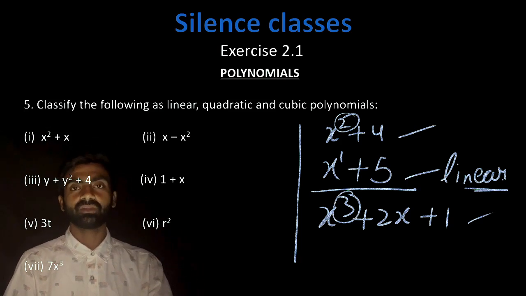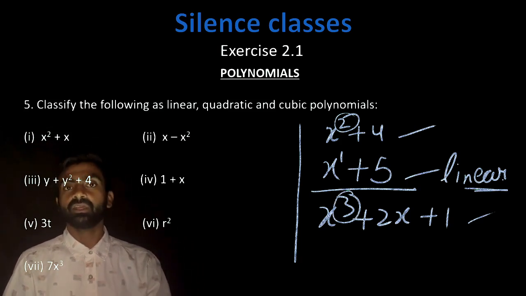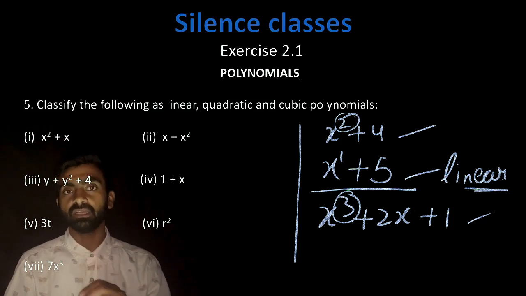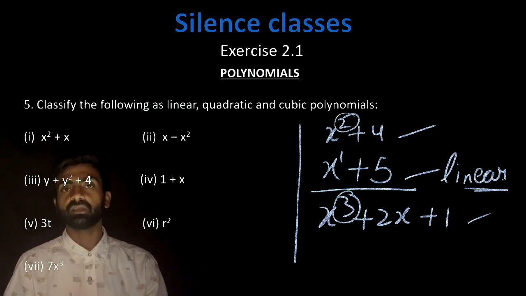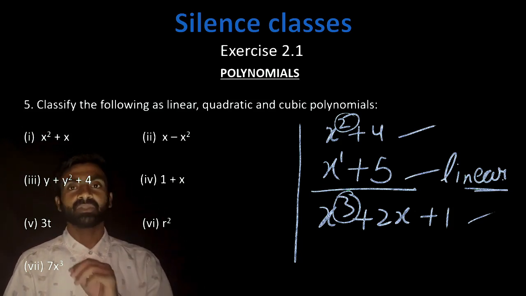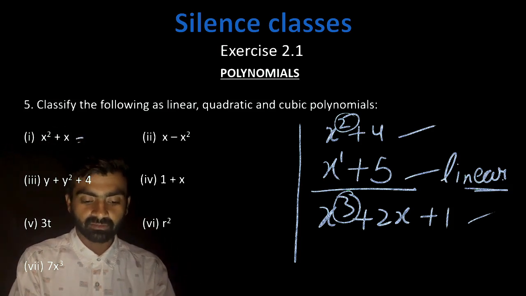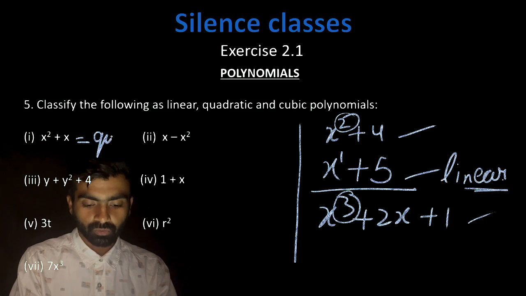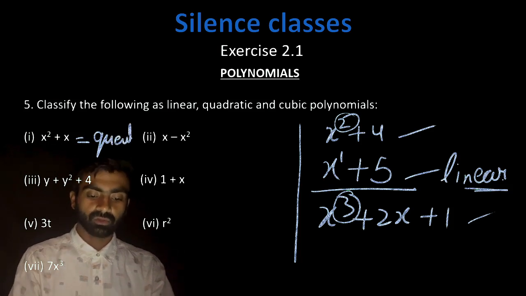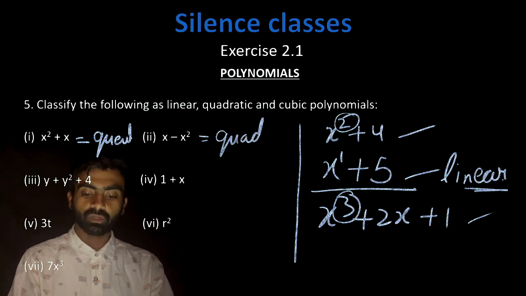Whenever the highest power is 1, we will consider it linear. Whenever the highest power, or highest degree, is 2, we will consider it a quadratic, and if the highest degree is 3, we will consider it a cubic polynomial. Now let's check it out. Over here x square plus x, the highest degree is 2, so I will say it is a quadratic. Second one, again the highest power is 2, again a quadratic polynomial.